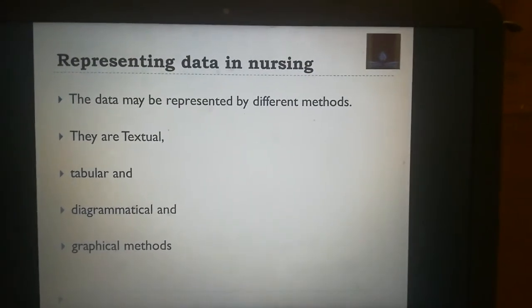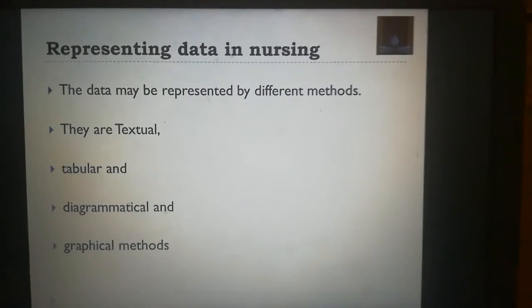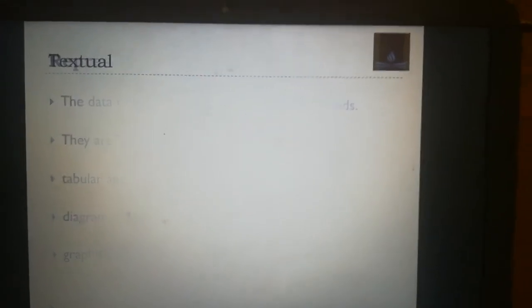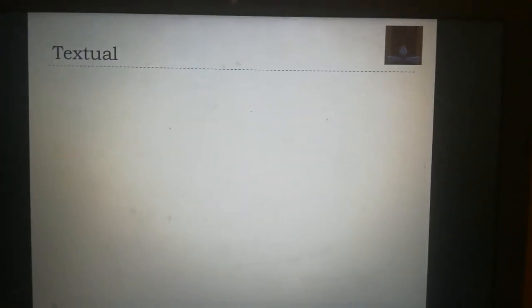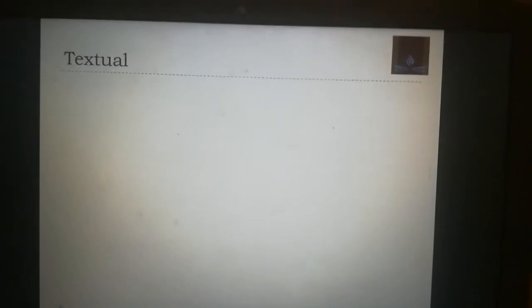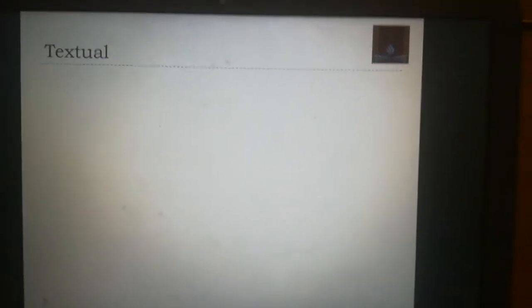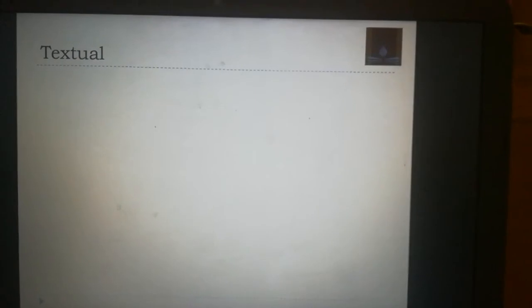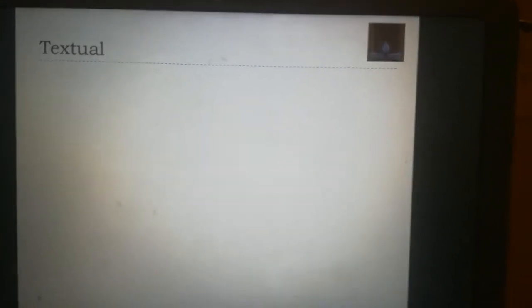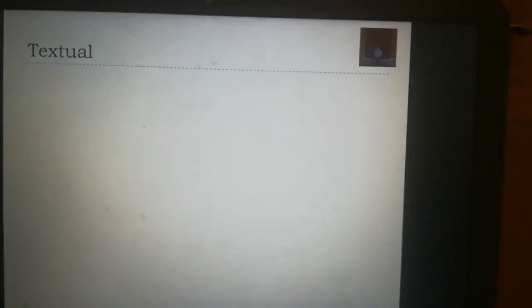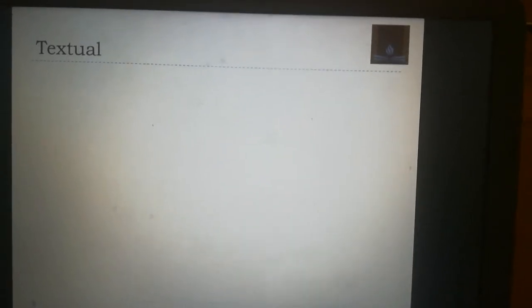As we know, the textual method is nothing else but the text form in which we prepare everything, and based on that we will be summarizing and interpreting in the summary discussion. In that way we will be condensing all the data and representing what it means.